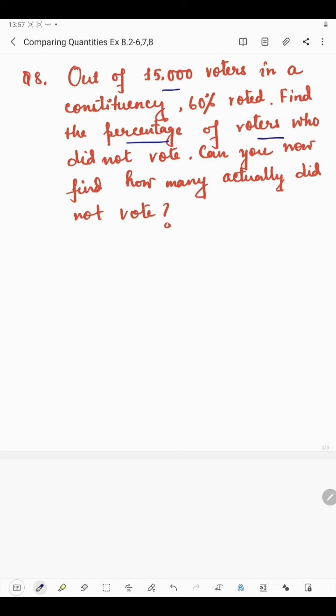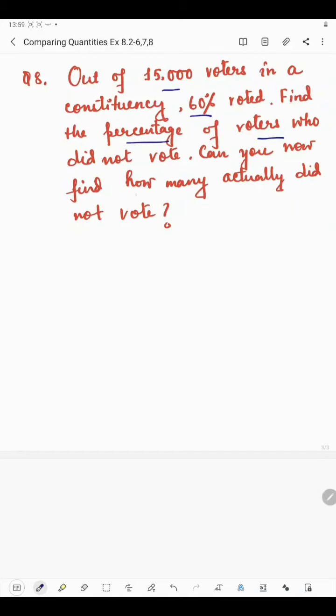So total percent is 100, and out of 100, if 60% voted, then the remaining have not given the vote. From 100%, as 100% is the total percent, if you subtract 60%, you'll get the percentage of voters who did not vote.